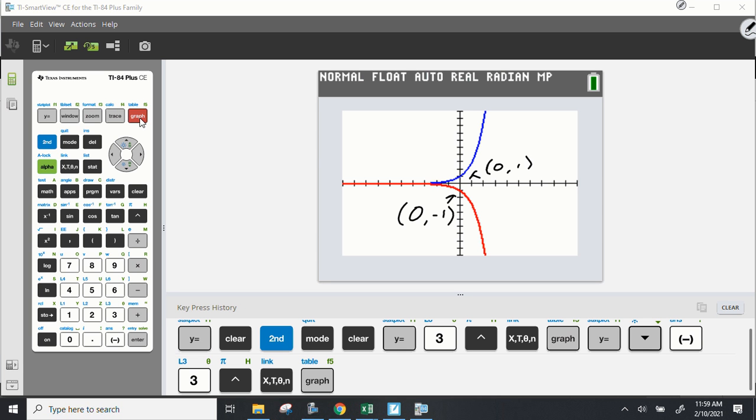Awesome. Cool. Our domain is going to stay the same for our red function, that's negative 3 to the x power. But the range is going to be switched. On the low side, we'll go all the way down to negative infinity, but it's going to stop at 0.